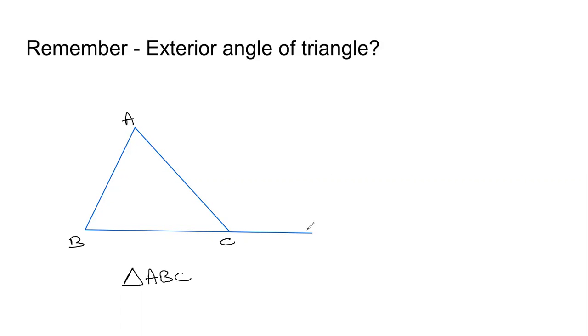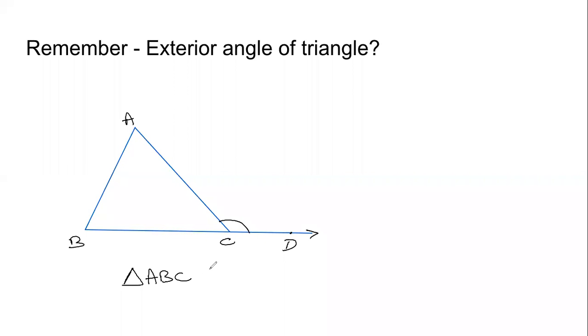Now, if I say that the side BC is extended and it passes through the point D. Now, if I ask you, how will we name this angle? I'm not asking you what type of angle is this. I'm asking you what is the name of this angle, as I asked you what is the name of the triangle.